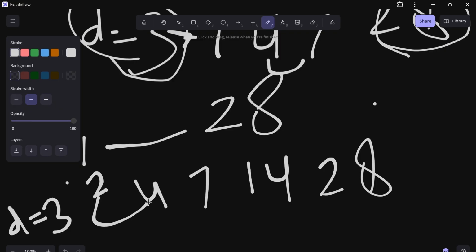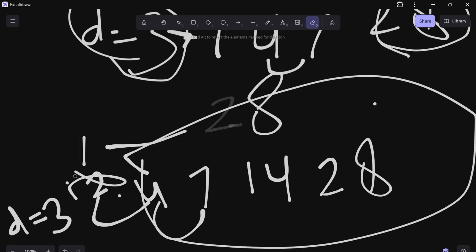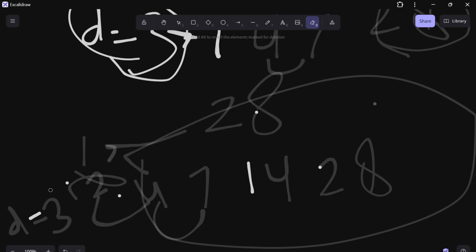Again you check 2 and 4, also condition false. Now again 4 and 7 is valid. After that, 7 and 14, the condition is valid. The difference between them is d and it has at least 4 divisors. But the first condition will be false. So we will not take this example. Okay, so what we will do here? Now we think of another idea.